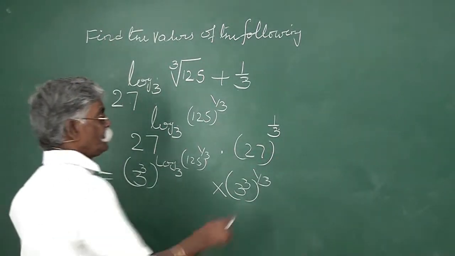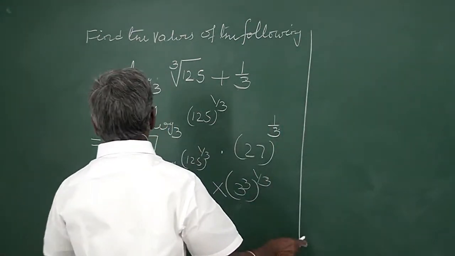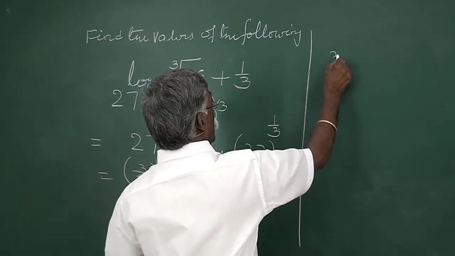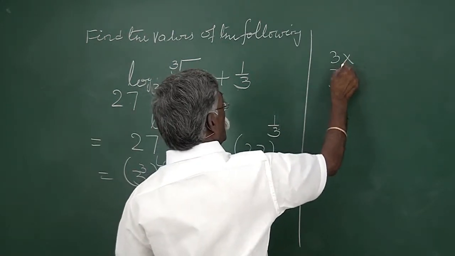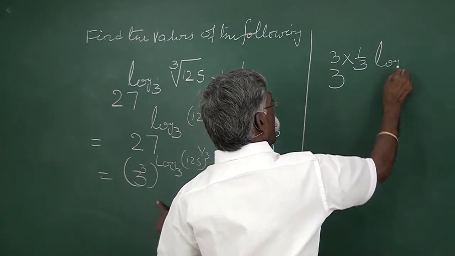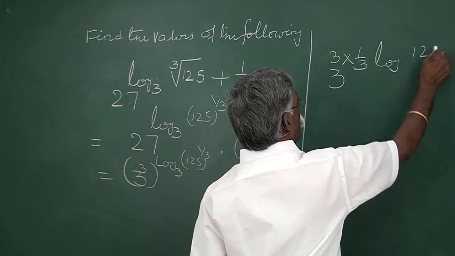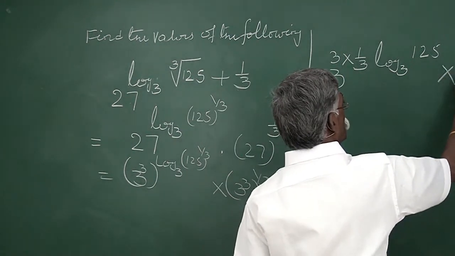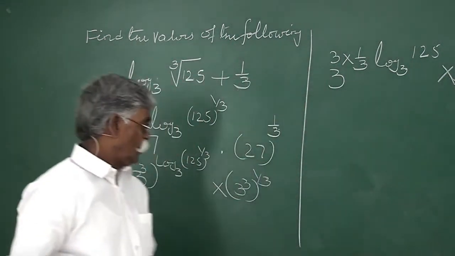Now this is 3 power 3 into 1 by 3 log 125 to the base 3 into this is nothing but 3.